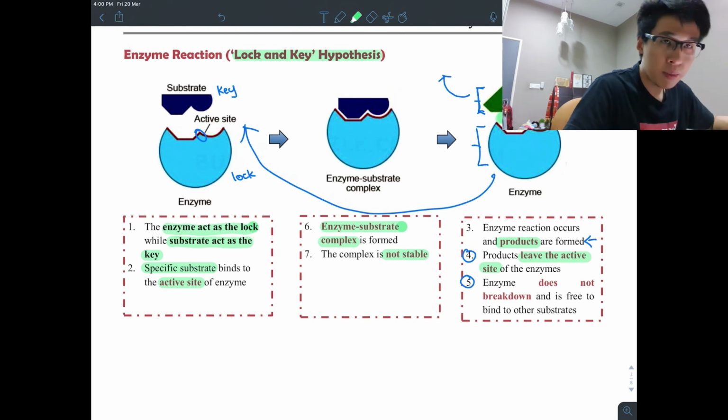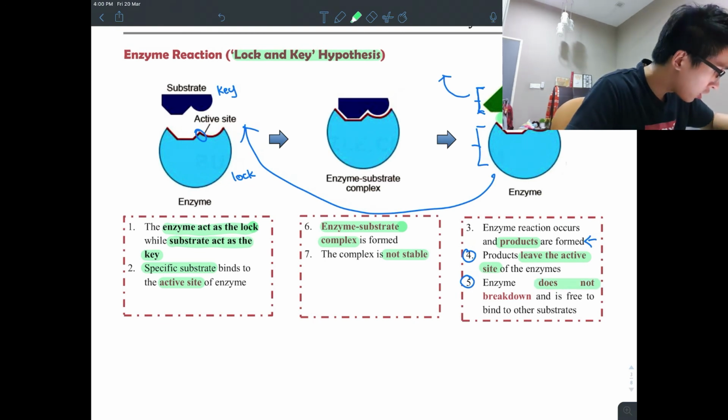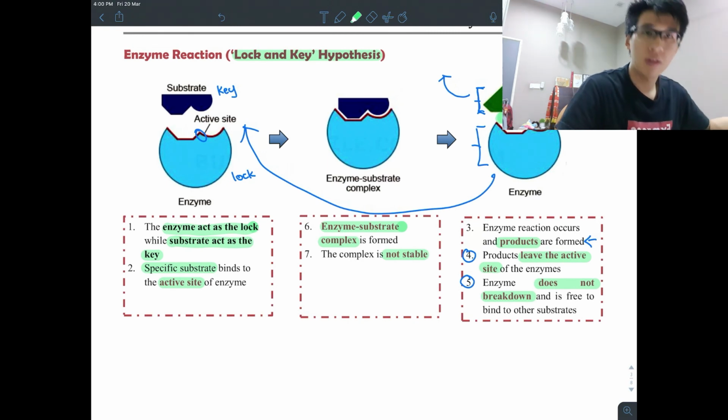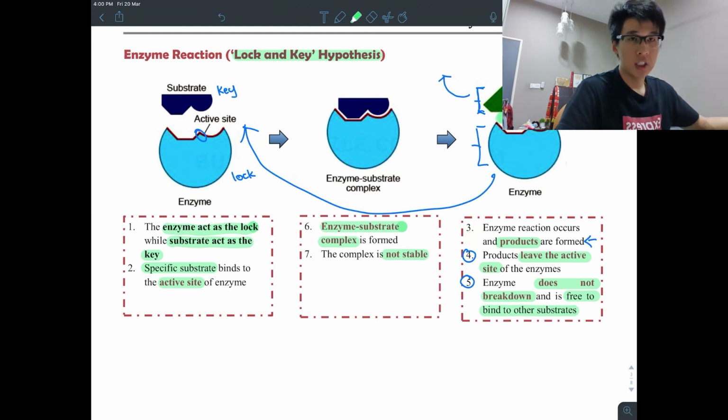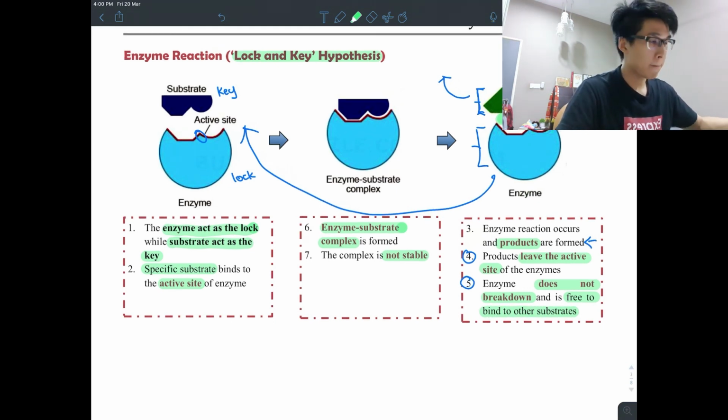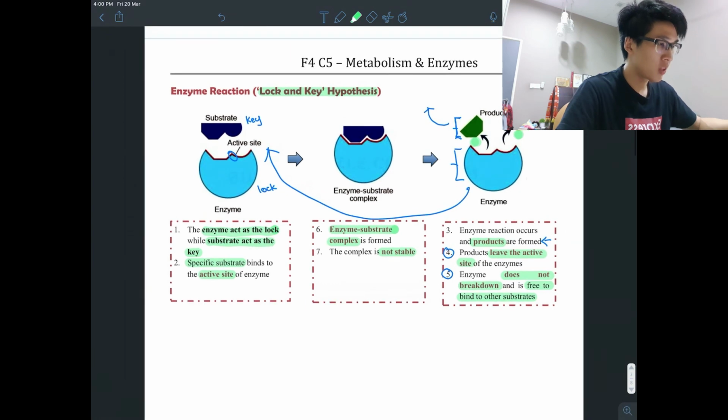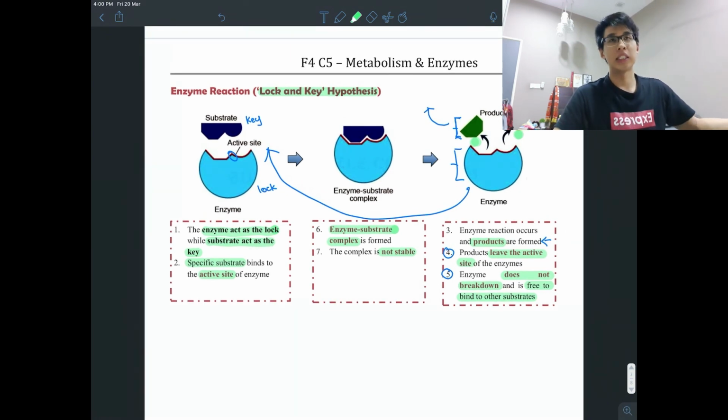So the boy, what happened? Nothing happened. So the enzyme does not break down. And then he got out to find another girl, so it is free to find other substrates. Understand? Okay. So that is the lock and key hypothesis.